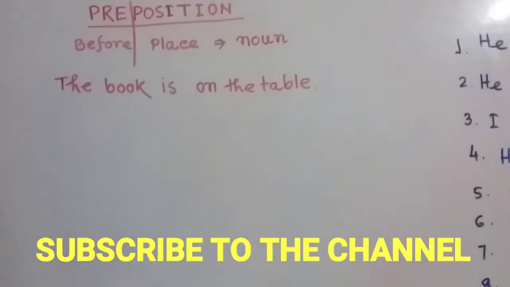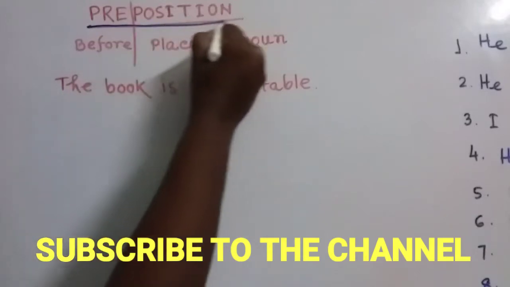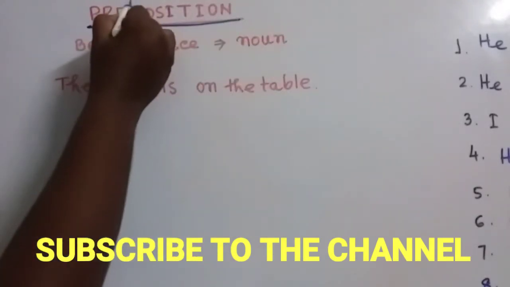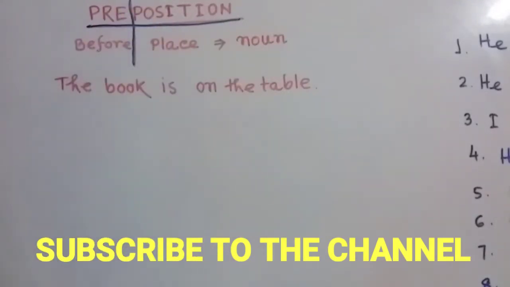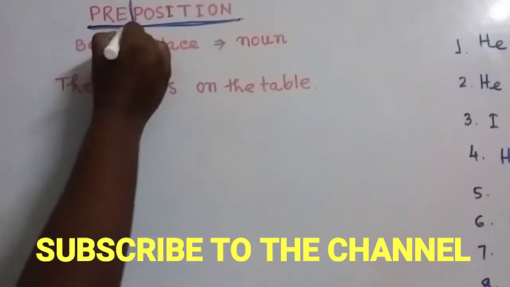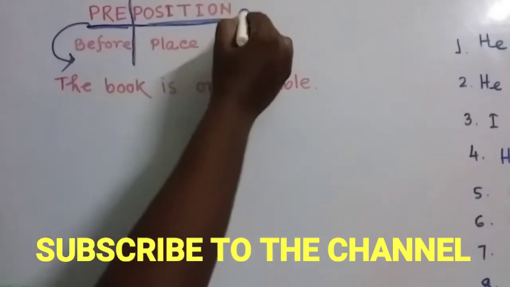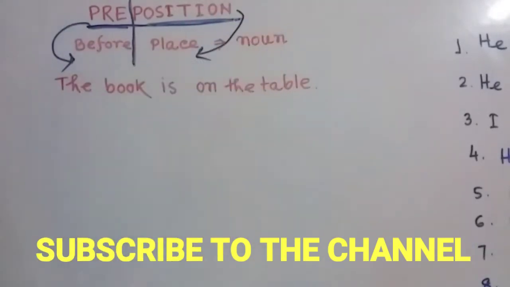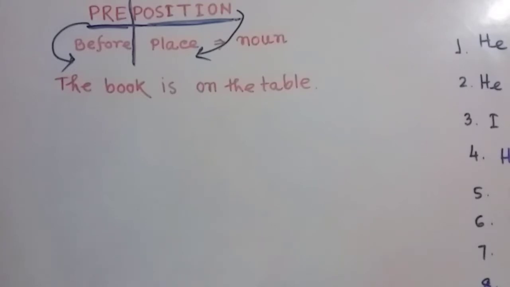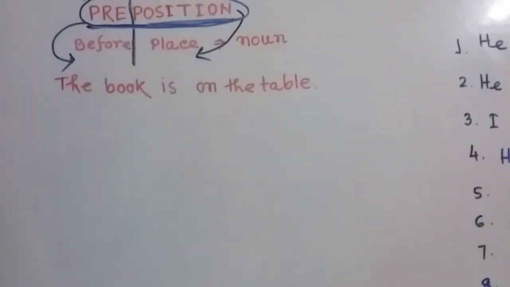My dear friends, you can see I have just divided this word into 2 parts. One is "pre" and the rest of the word is "position." So this is preposition, and you know pre means before and position means place. That means the usage of preposition is clearly depicted inside this word.